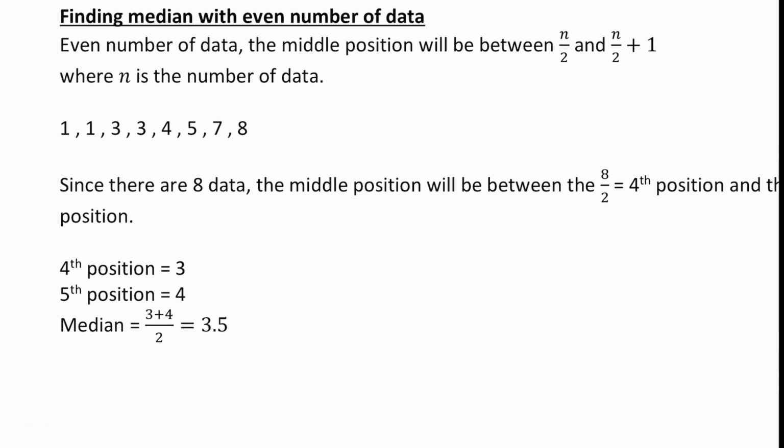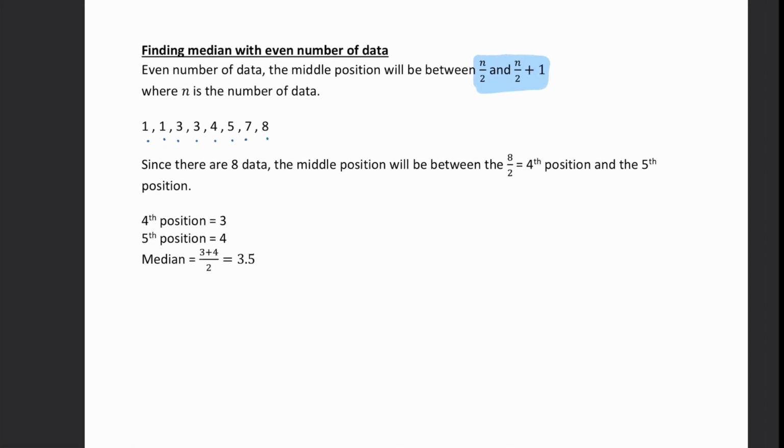So now, how do you find the median with an even number of data points? If there is an even number of data points, the middle position will be between the n over 2 and the n over 2 plus 1 position. Let's look at an example to help us understand this better. There are 8 data points: 1, 2, 3, 4, 5, 6, 7, 8. Now how do you find the middle position?